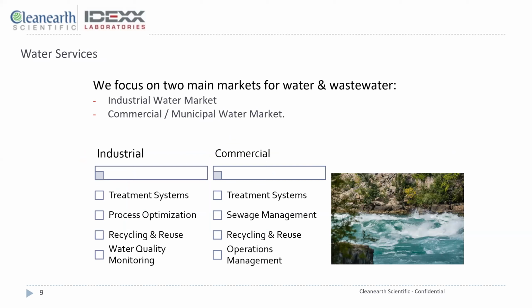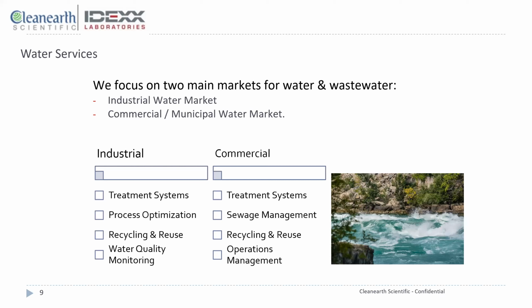So water services, just to delve a bit deeper, focuses on two main markets. We have the industrial water market and also the commercial municipal market. So for the industrial, we do just about 4 basic things, from treatment systems through process optimization. So maybe you have an existing system, but for some reasons you're not getting the desired results in your water.